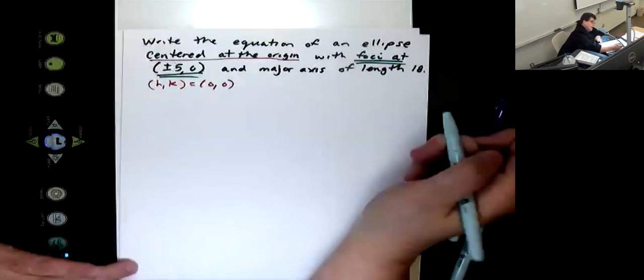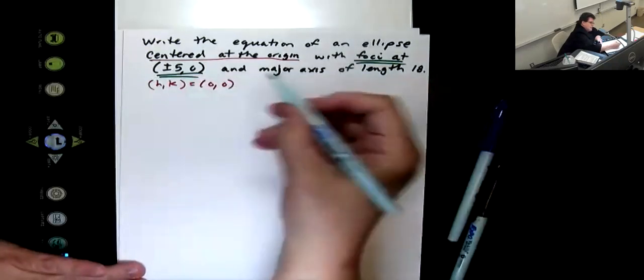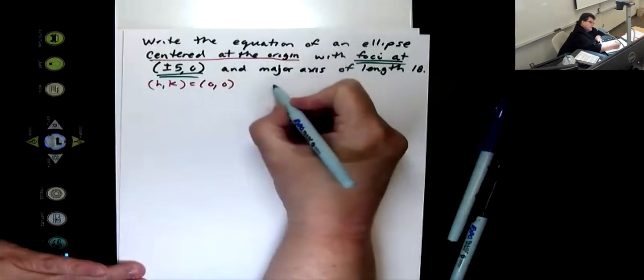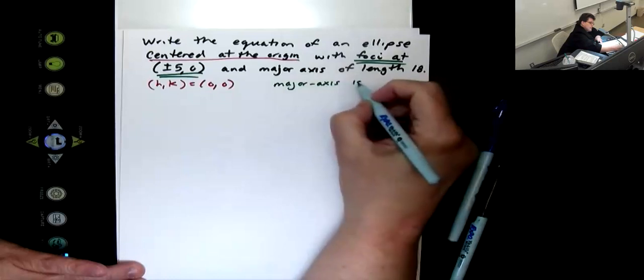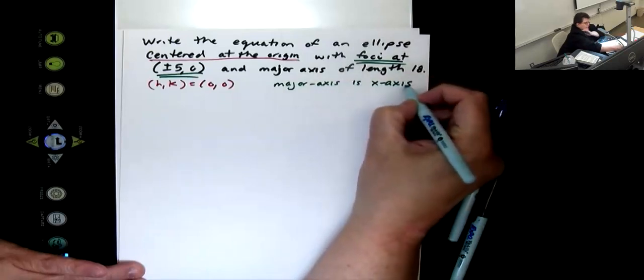It tells us the major axis is the x-axis, right? What else does it give us?